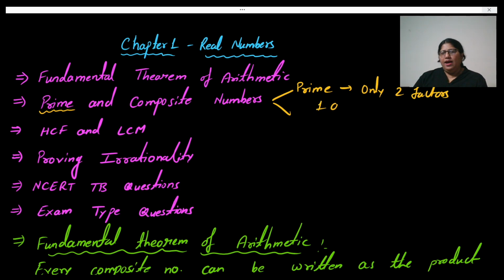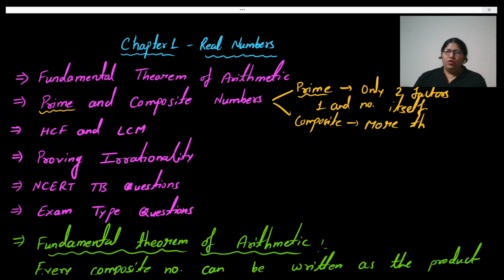One and the number itself, right? Any number which has only two factors is called a prime number. And a composite number is any number having more than two factors, right? If a number has more than two factors, then we call it a composite number.